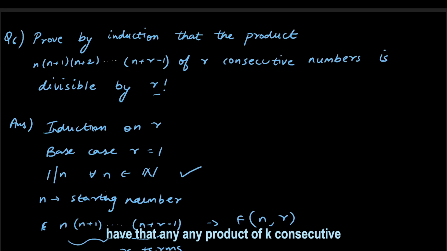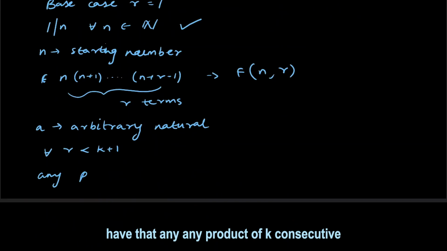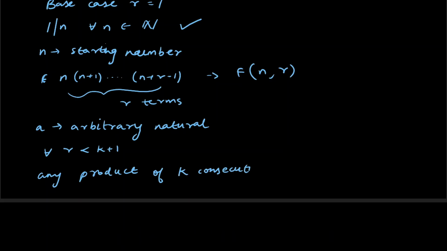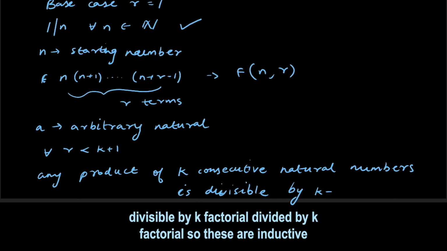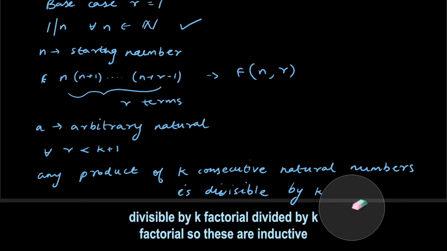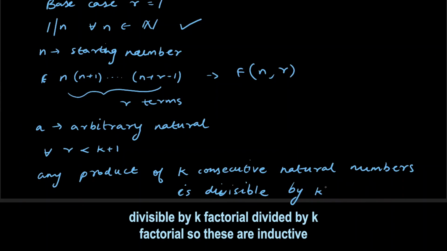So we have that any product of k consecutive natural numbers is divisible by k factorial.